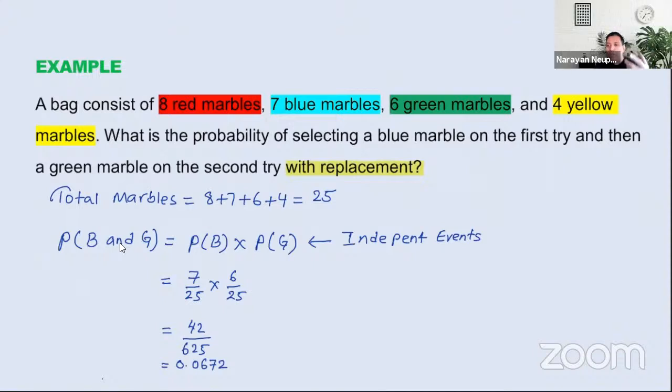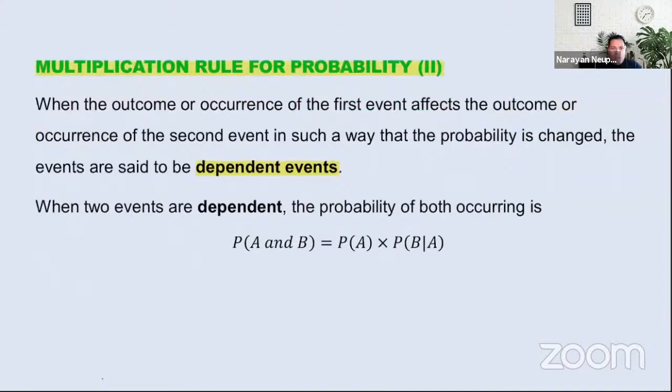Okay, now we are going to look at the second part of this rule, and this is for the dependent case. So multiplication rule for the probability of dependent events. One more time, for the multiplication rule, the keyword is and.